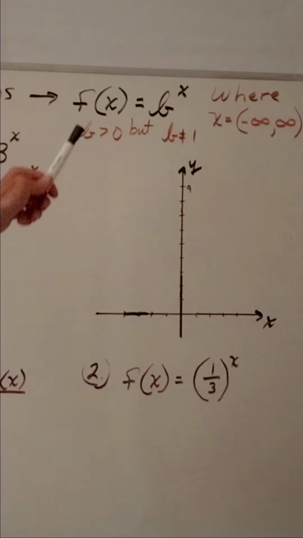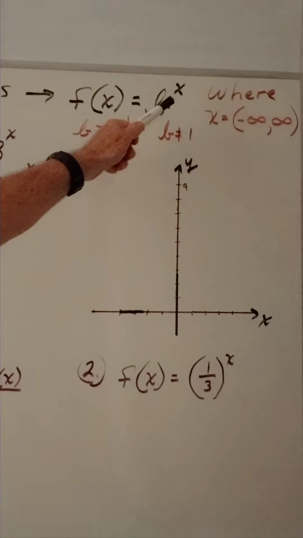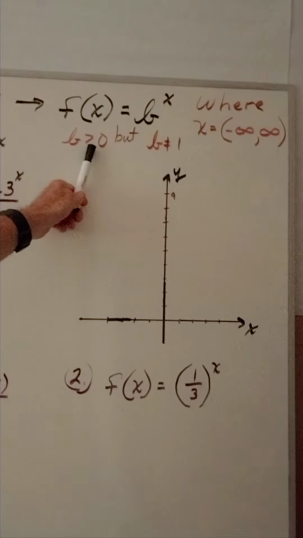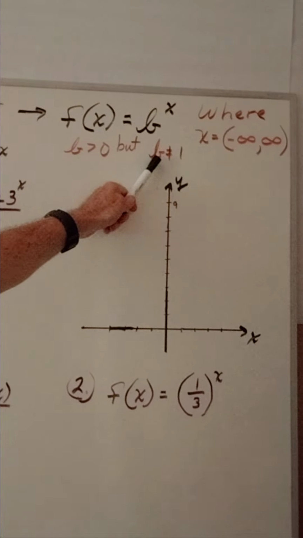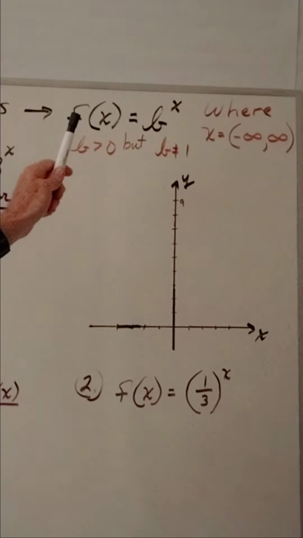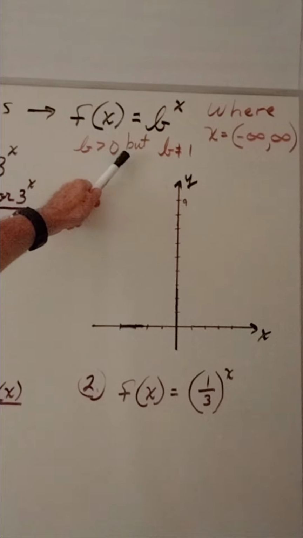That's why it's called an exponential function. Now let's define a few things about this exponential function that's written in standard form. The b is the base, and the base is any number that is greater than 0, but the base b cannot be equal to 1. So b cannot be negative.